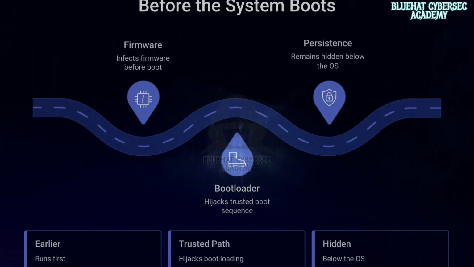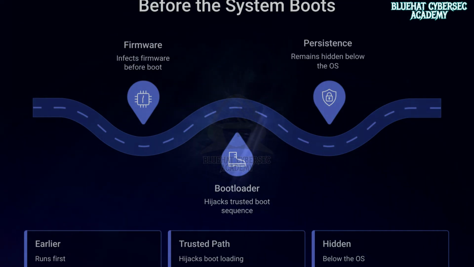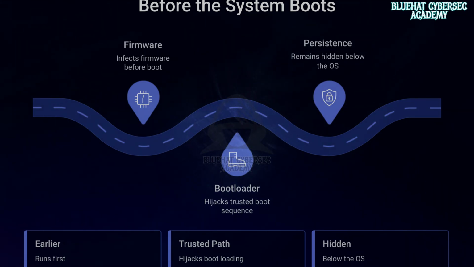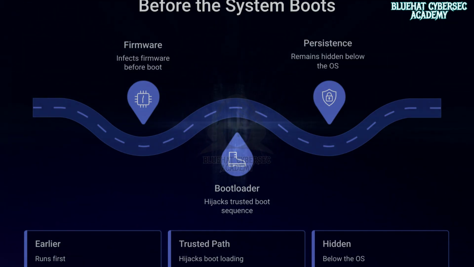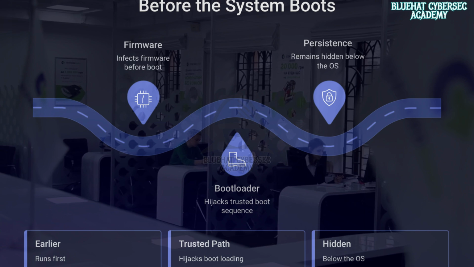Bootloader malware is a category of malicious software that targets the system's boot process, the stage where your computer transitions from powered-off hardware to a fully loaded operating system. Normally, this process is handled by trusted firmware and boot components like the BIOS or UEFI, which load the operating system safely. But bootloader malware quietly inserts itself into this chain of trust.